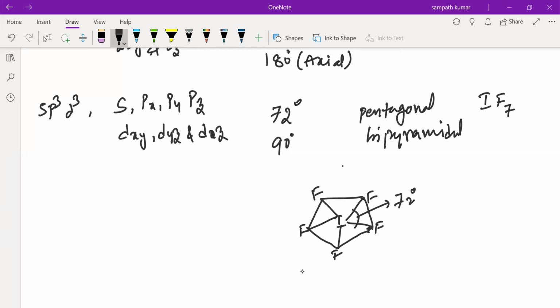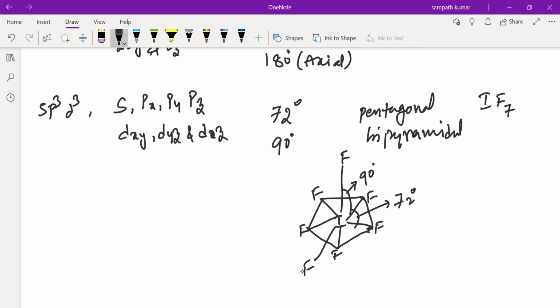Between the axial fluorine and the planar fluorine, the bond angle is 90 degrees. In between the two axial fluorines, the bond angle is 180 degrees.